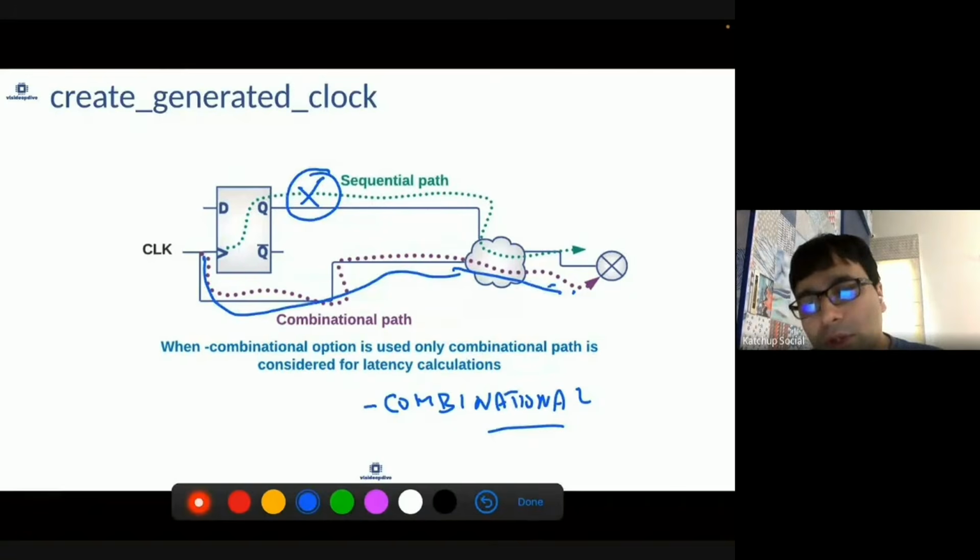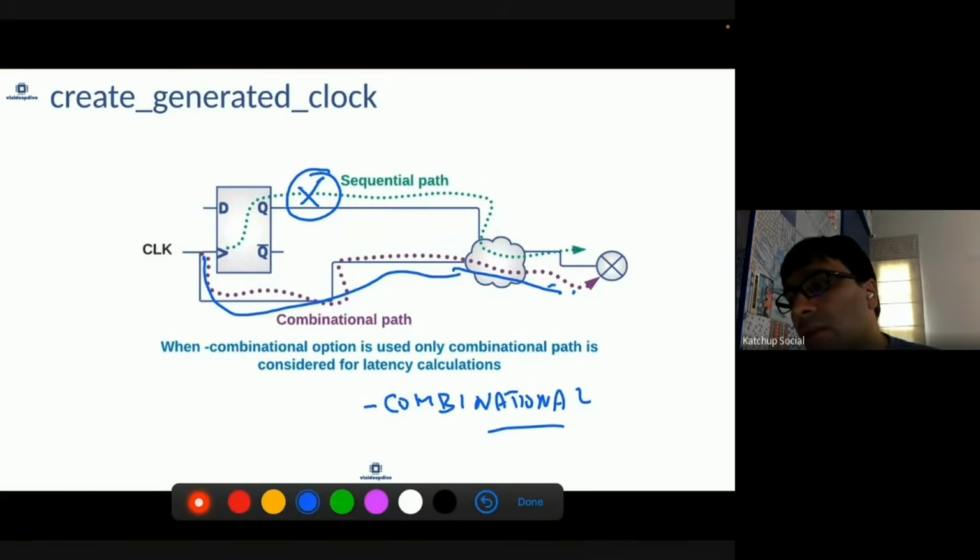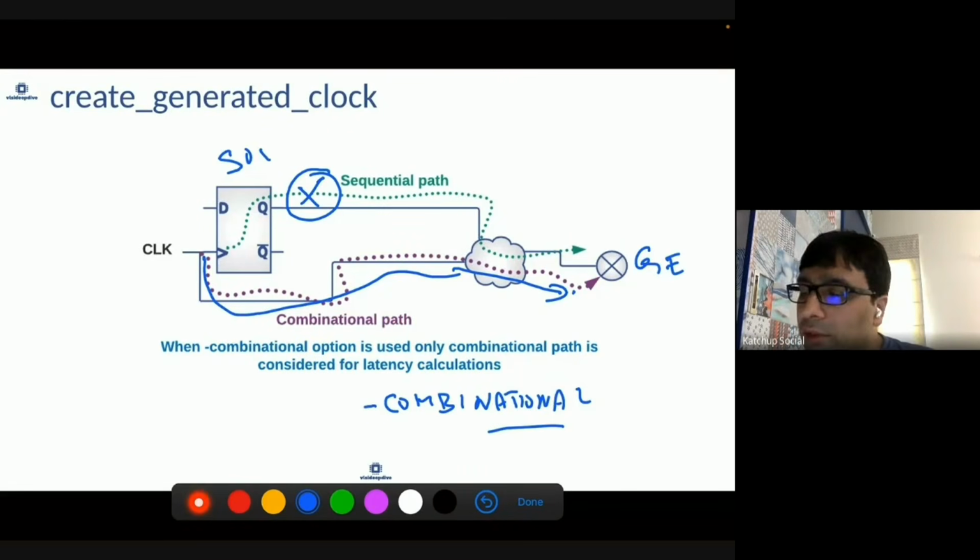This is the option you can use to enforce the STA tool to only use the combinational path for latency calculation between the source pin and the generated clock pin. So the combinational option is used to enforce the STA tool to only use combinational delay.